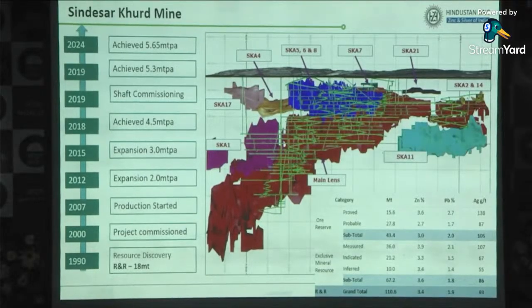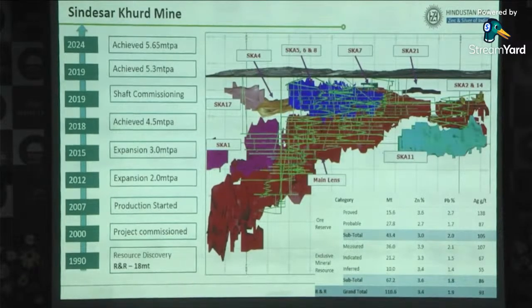We have almost 110 million ton reserve and resources, among which approximately 43 is reserve and the rest is resource contribution. We discovered our resource in 1990 and commissioned our project in 2000.